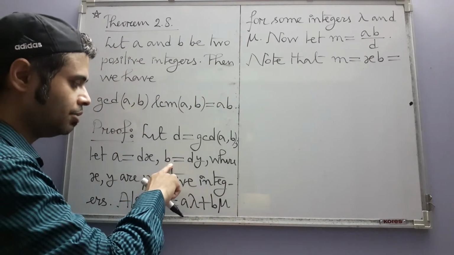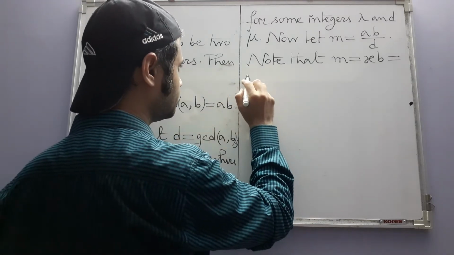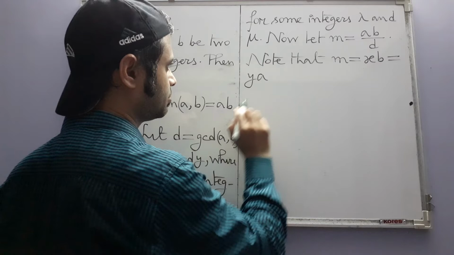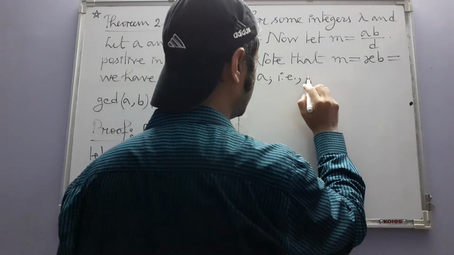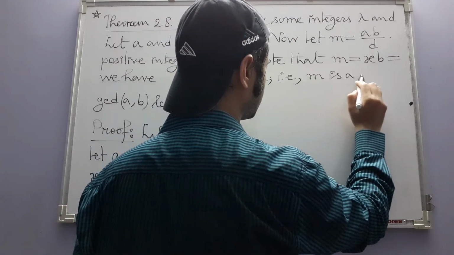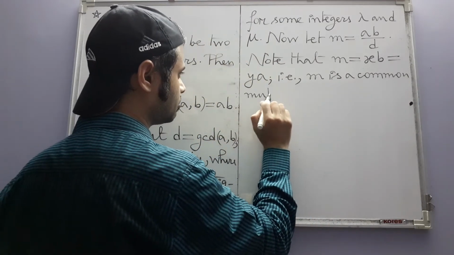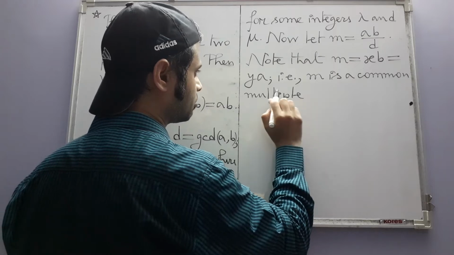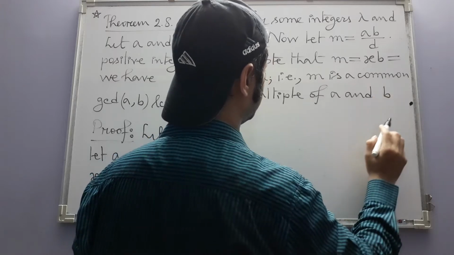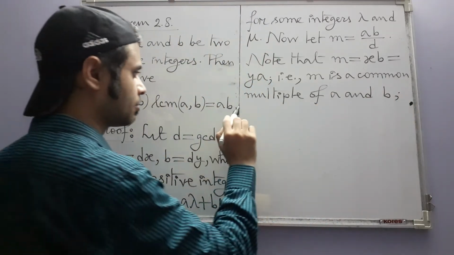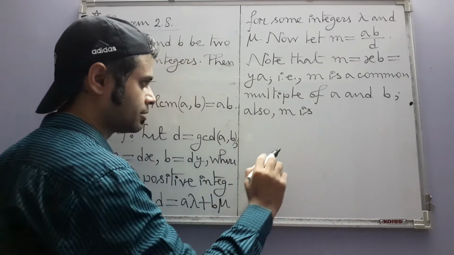And just like that, because b is dy, so b divided by d is y, so this is equal to ya, i.e. m is a common multiple of A and B. Also, M is positive.